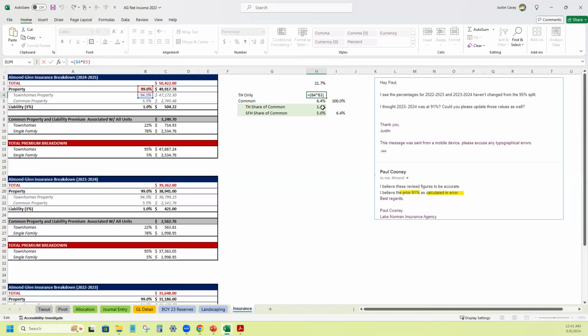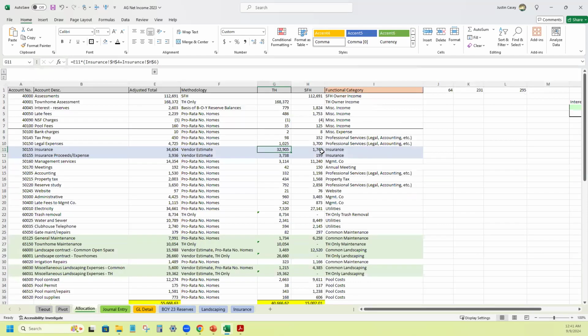Taking the townhome times 99%, and taking the common times 99%, times the proportion of 21.7, plus the liability insurance. Feel good about that. And then one minus the balance going to the single family homeowner.